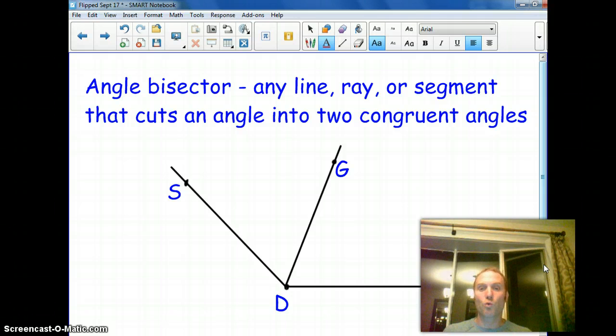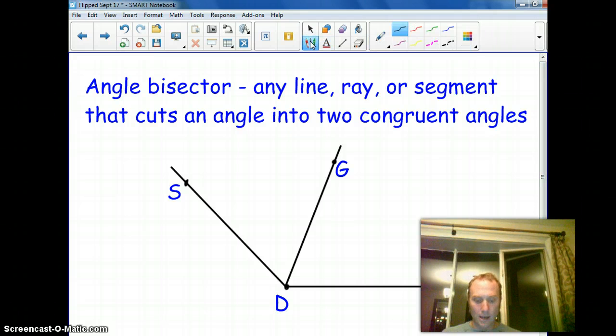And ray DG, or in this case segment DG, is bisecting that angle. If something bisects an angle, it cuts it into two congruent angles, which means that I have the ability then to draw in the two congruence marks. Those two angles are then congruent, angle SDG and angle GDM, if DG is an angle bisector.